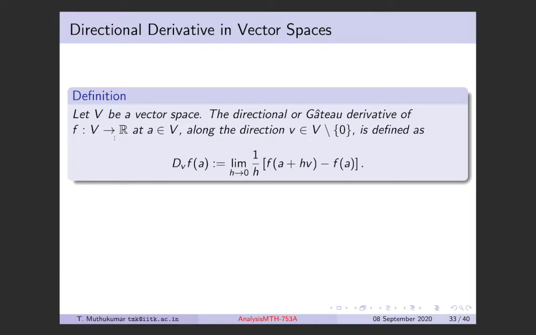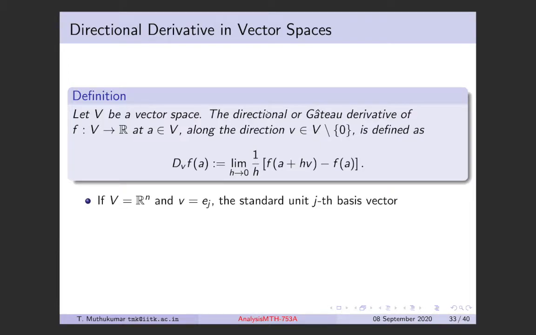Then the Gateau derivative is defined as the limit of 1 over h times f(a + hv) minus f(a). This limit has to exist, and that is called the directional derivative of f at a along the direction v, where v is any non-zero vector of the vector space. This is the notion of directional derivative, or the Gateau derivative.